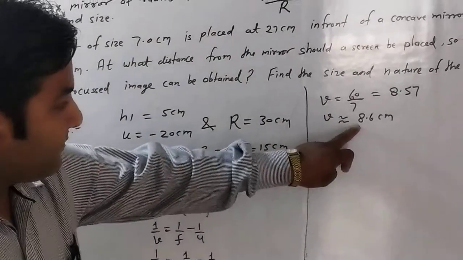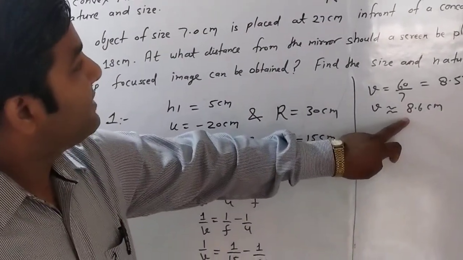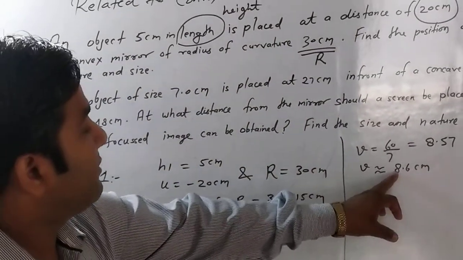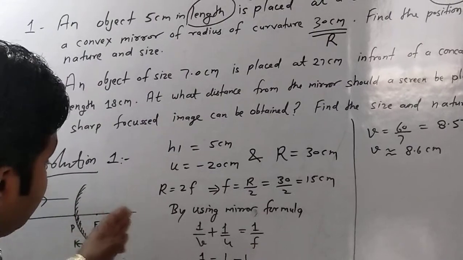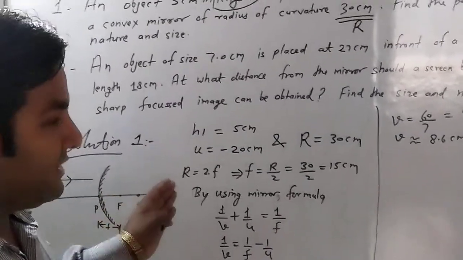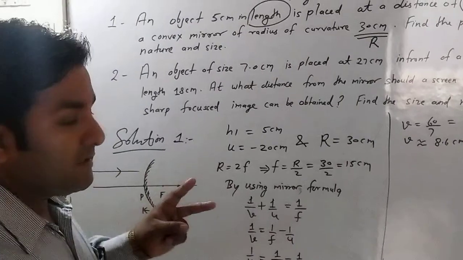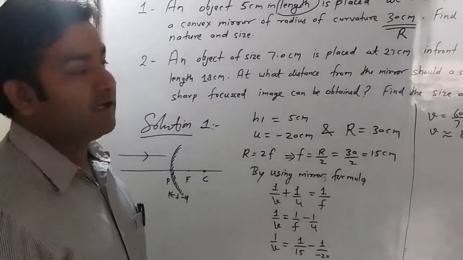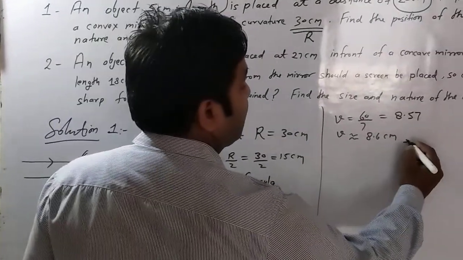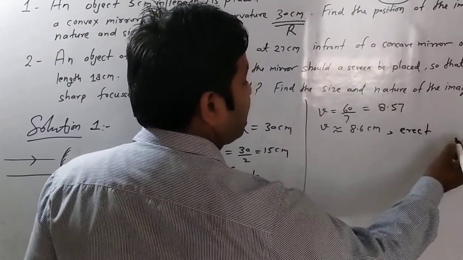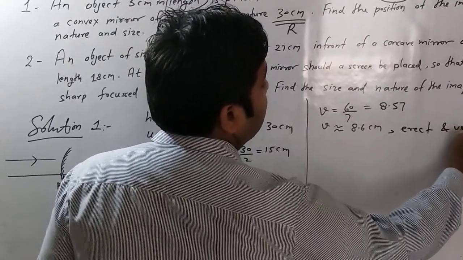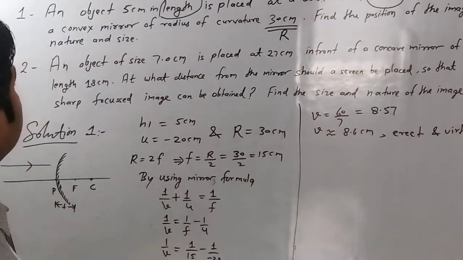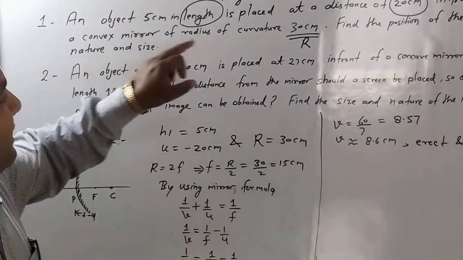The value of v is obtained positive, which means the image is on the right side. In case of convex mirror, you know there are only 2 cases, and in each case the image is virtual and erect. Here positive means erect, and whenever erect, then virtual. The image size we will find in the next step. Now the nature and position are clear.